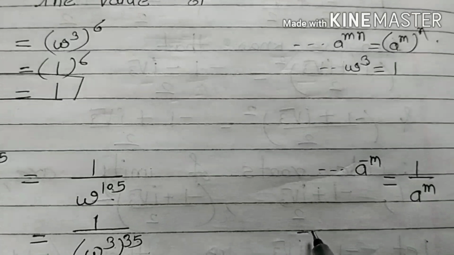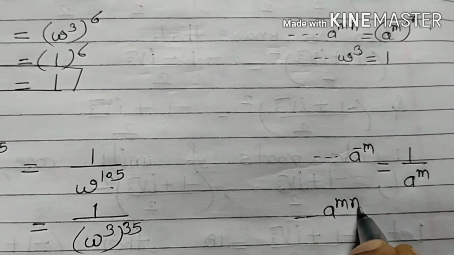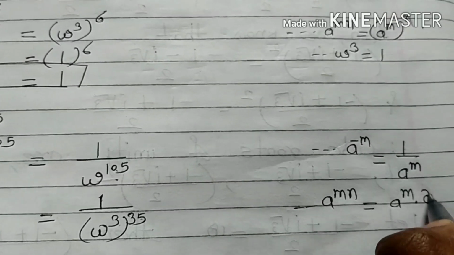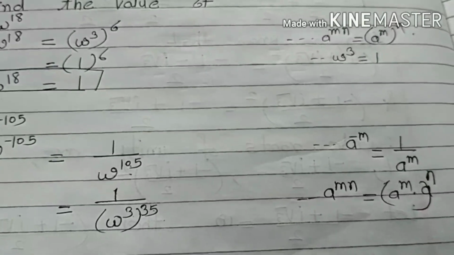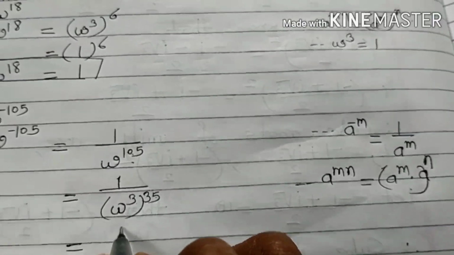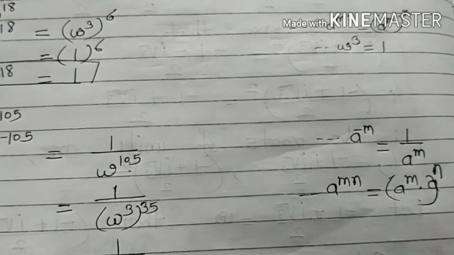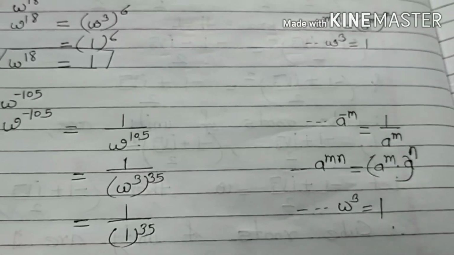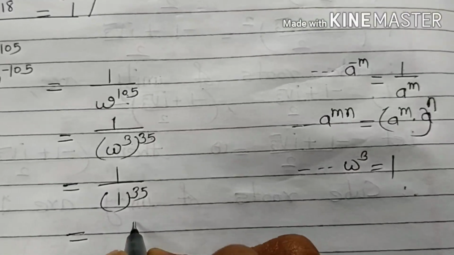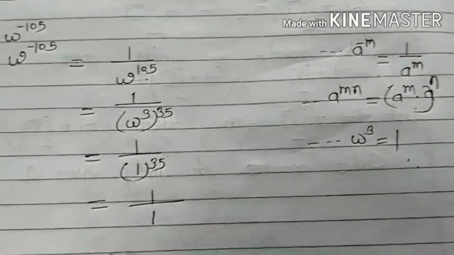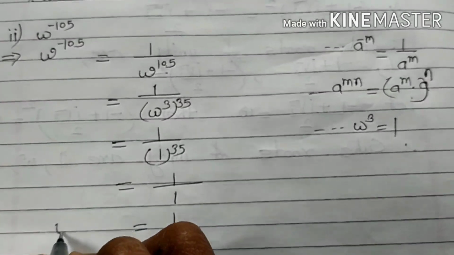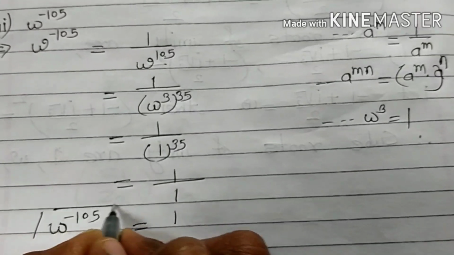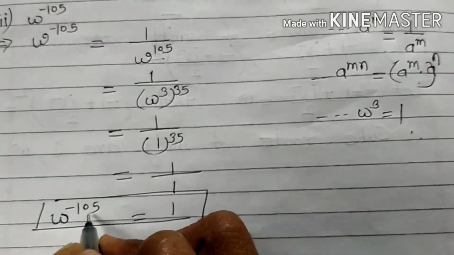There is a formula: a raised to m into n is equal to a raised to m, whole raised to n. Using this, since omega cube is 1, we get 1 upon 1 raised to 35, which is 1. So omega raised to minus 105 is 1. This is your answer.